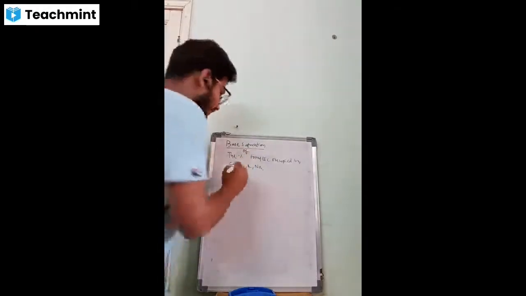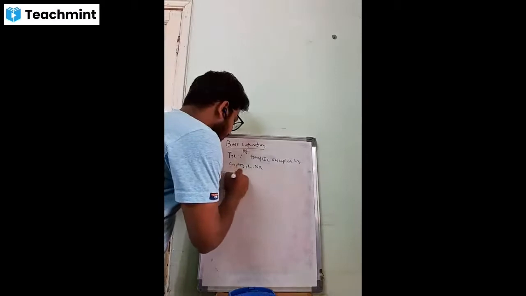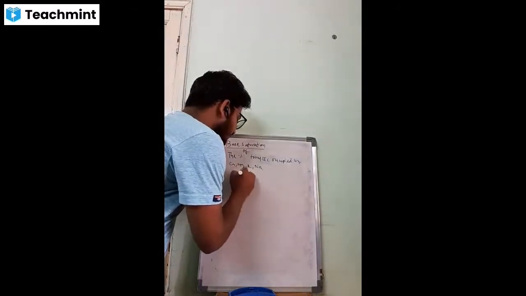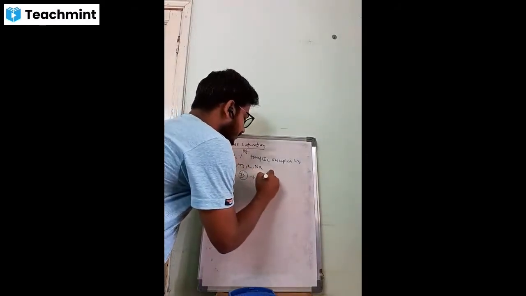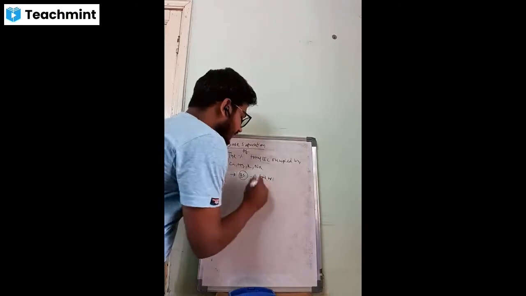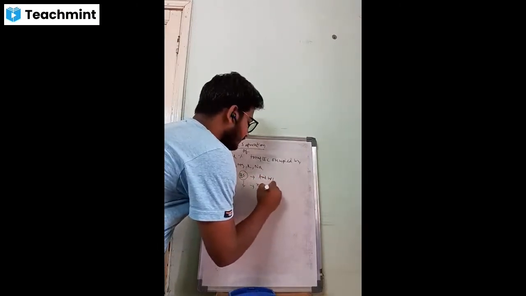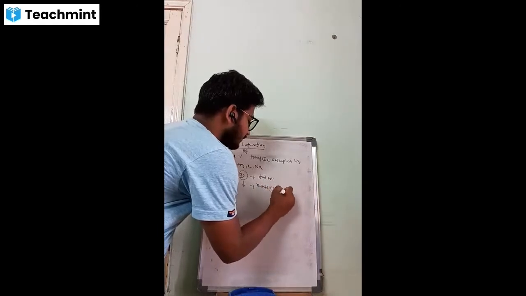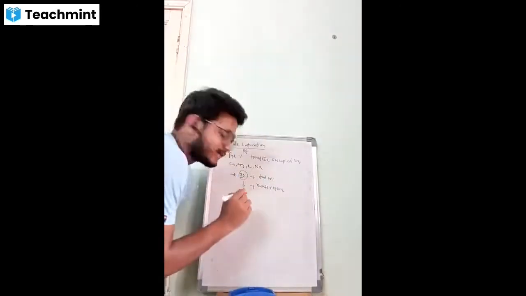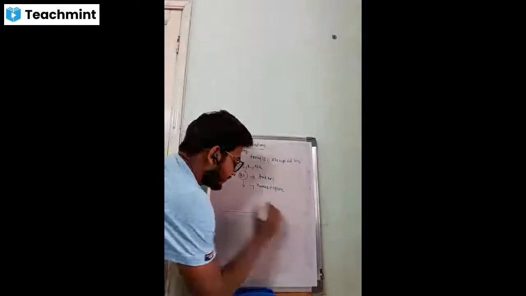Why is base saturation higher in arid soil, and similarly less in the humid region? In the humid region, suppose this is our soil.